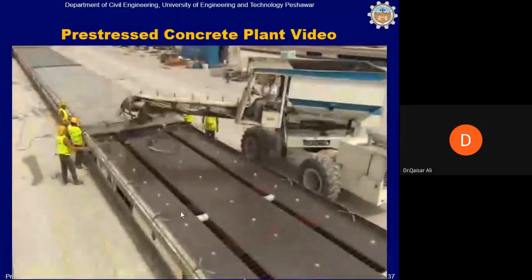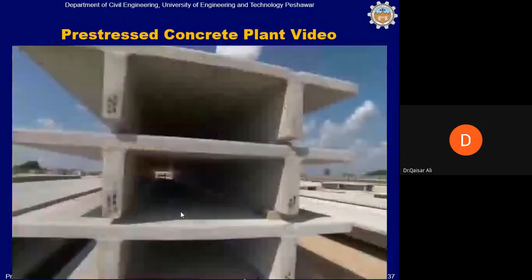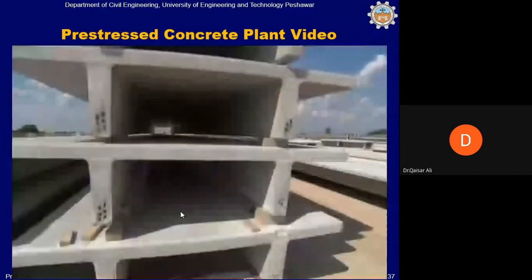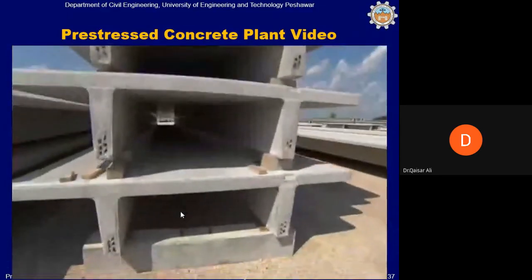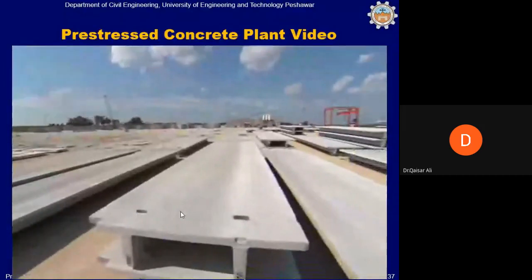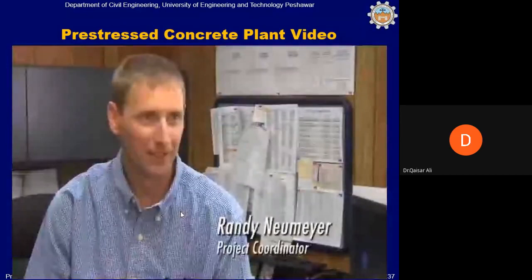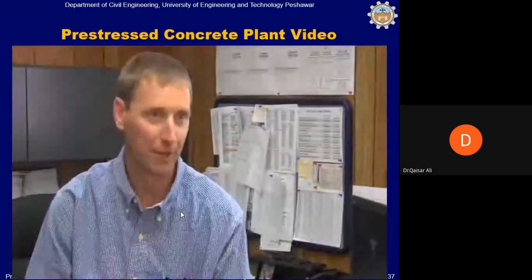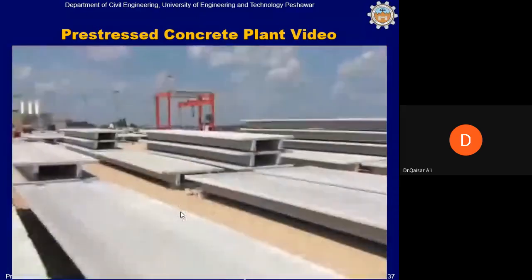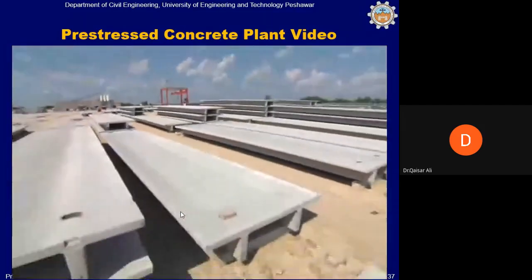In this case, a double T. A double T is used primarily in parking structures, but can be used in virtually any type of building, including office buildings, industrial buildings, and schools, to name a few. Double Ts are kind of a unique product with a capability of having a very long span. When you start talking long spans, you're talking 60 feet plus, and sometimes as high as 120 feet.